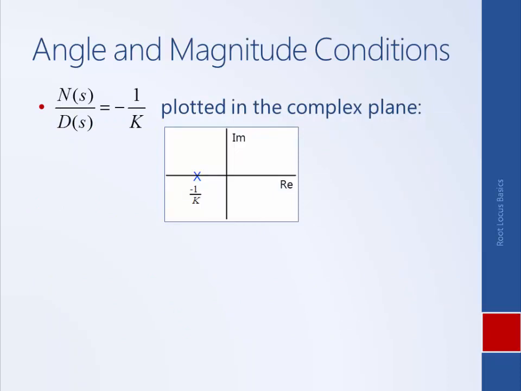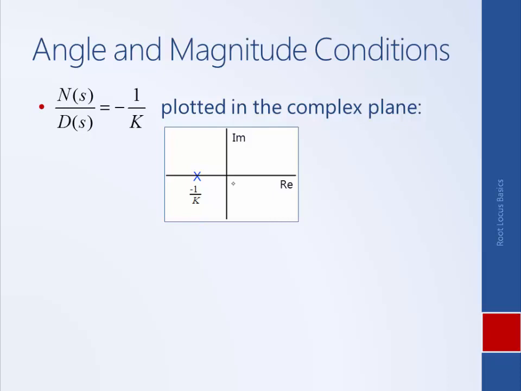Looking at it from another point of view, if we plotted this point, minus 1 over k, on the complex plane, k varies from 0 to infinity, but this in essence is a real number, so it's on the real axis, and it's negative, so it's located over here. And we can think of this in terms of its radius and its angle, or in terms of its radius and its phase.